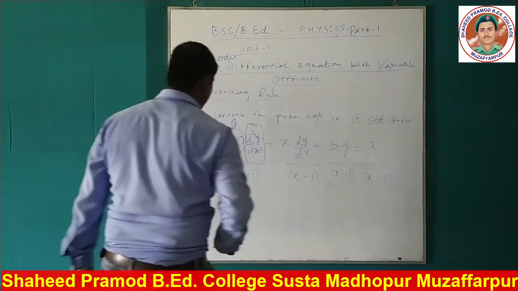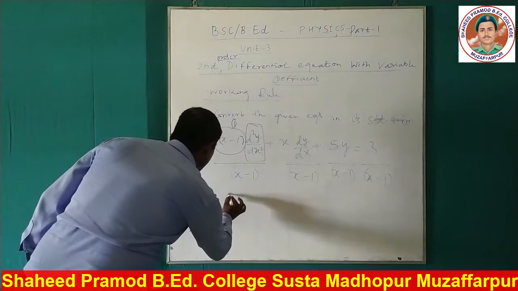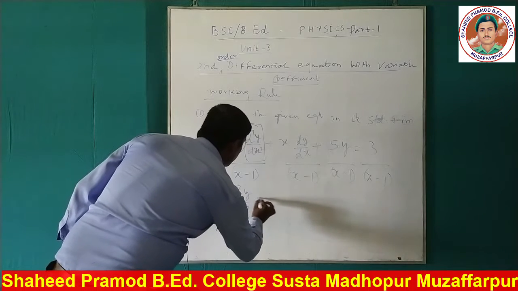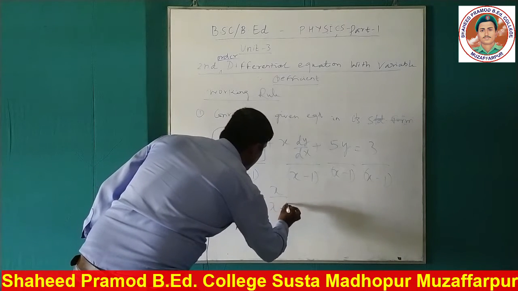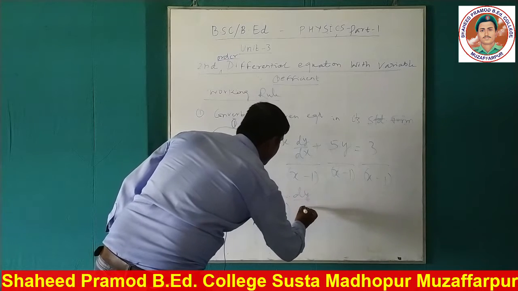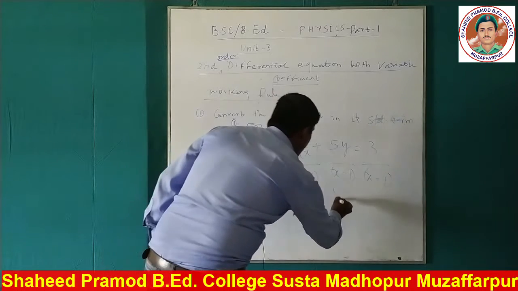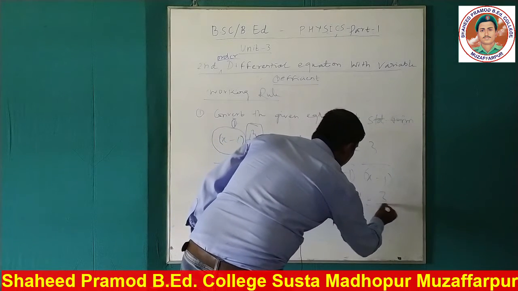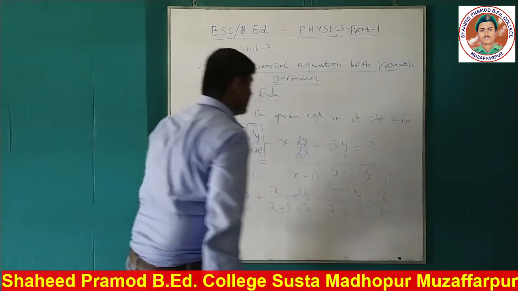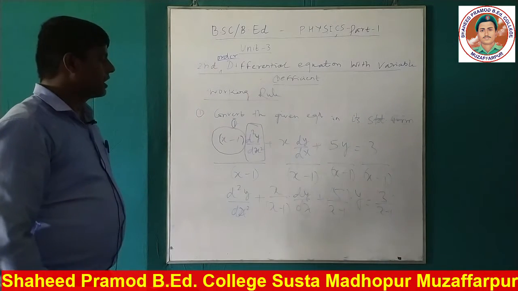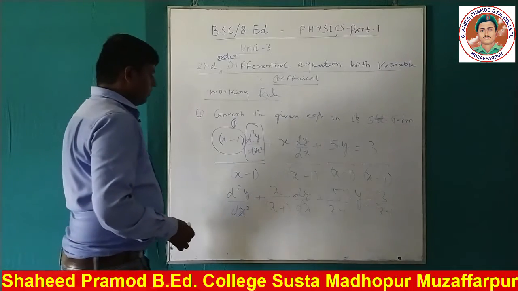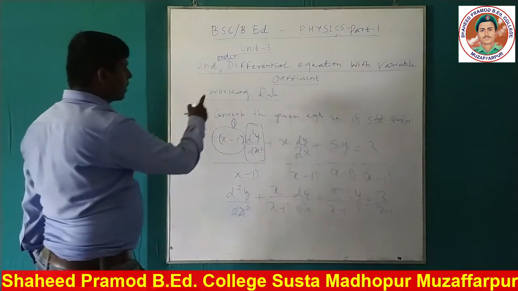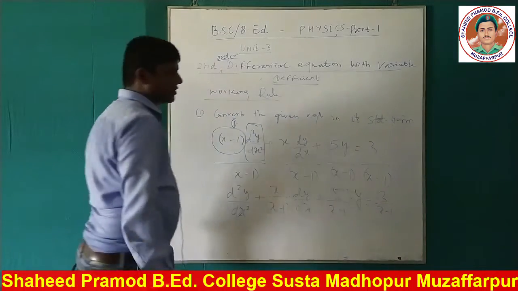Then you will get d2y upon dx square plus x upon x minus 1 into dy upon dx plus 5 upon x minus 1 into y is equal to 3 upon x minus 1. So this is your standard form. Okay? So the first working rule is to convert the given equation to the standard form.